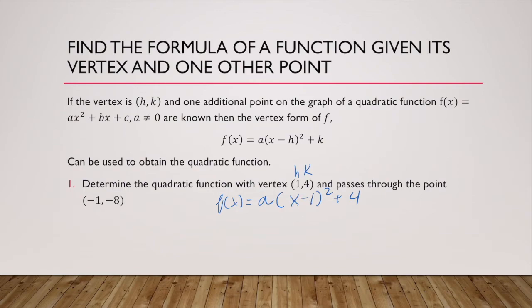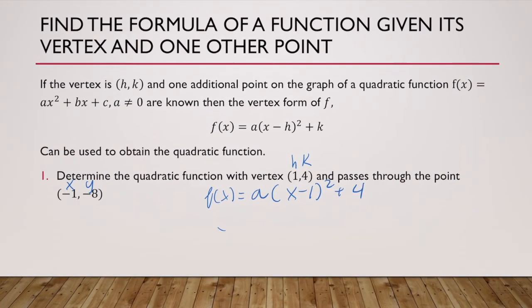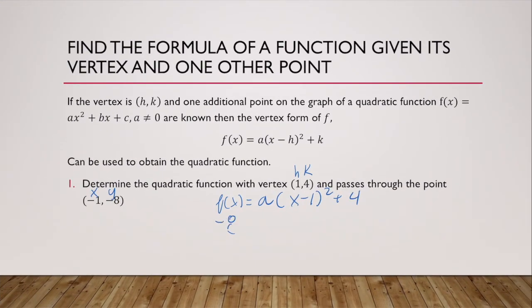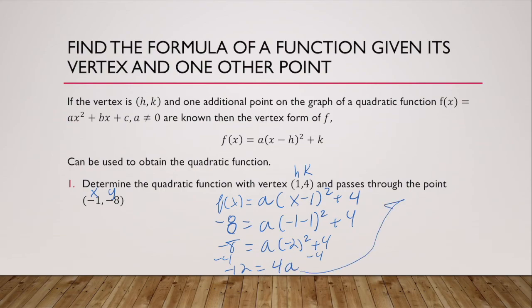I know that my x is -1 and y is -8 as a point on this graph, so I can substitute them in. -8 equals a times -1 minus 1 squared plus 4. So -8 equals a times -2 squared plus 4. Subtract 4 from both sides. -12 is 4a. So if I go ahead and divide both sides by 4, I get a is -3.